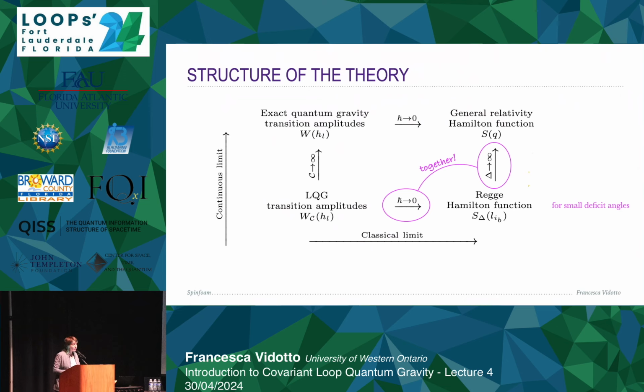So what you have to do in more complicated situations, and this result was developed mostly by Mushin, is that you need to be careful and take these two limits together. So you take a high j or a small h bar together with the refinement. And of course, this makes things more complicated, but this is how things work.